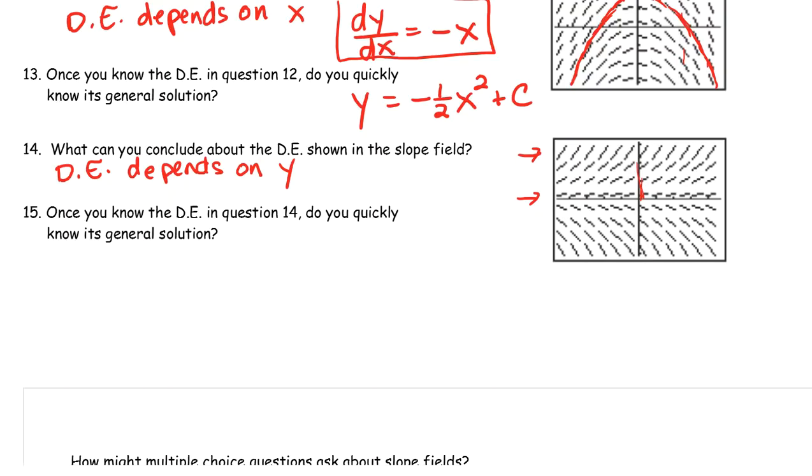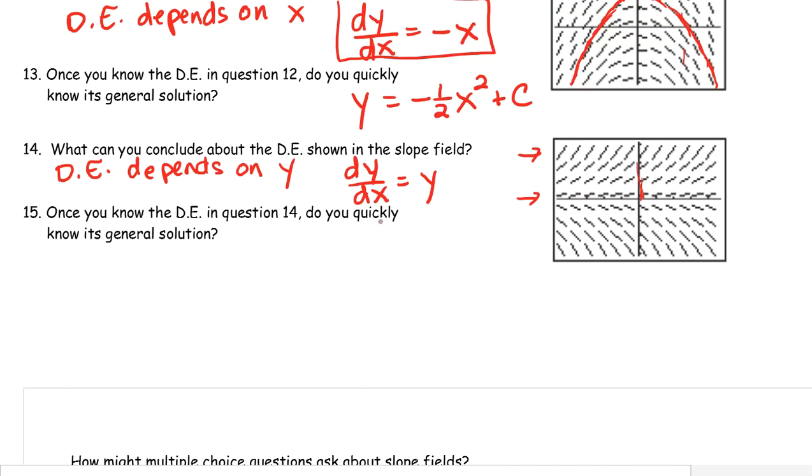So again, you might come up with some ideas of what this differential equation could be. I chose this slope field for this problem, and I'm going to tell you that the slopes are exactly equal to the y coordinate.